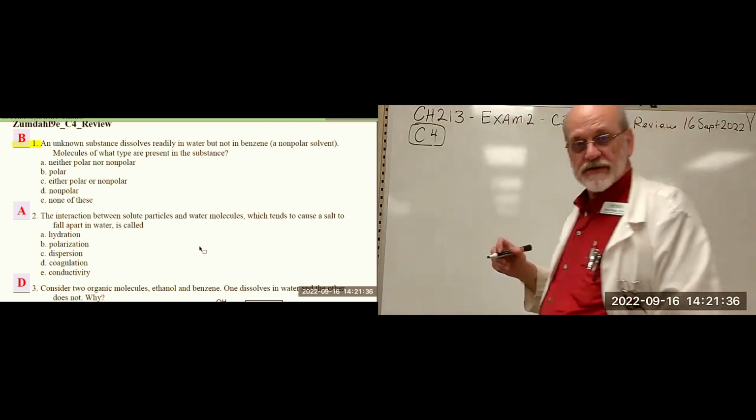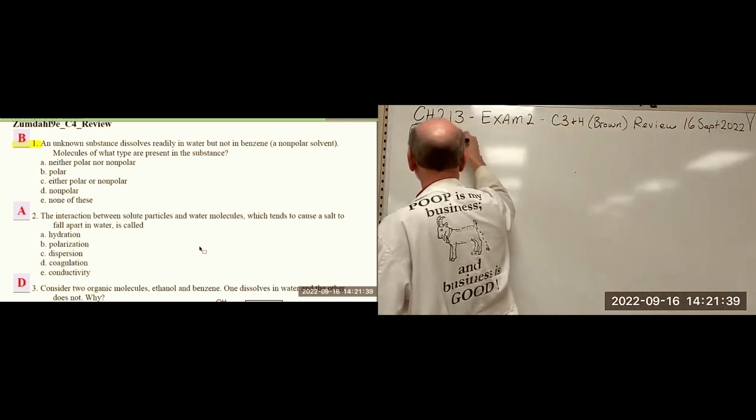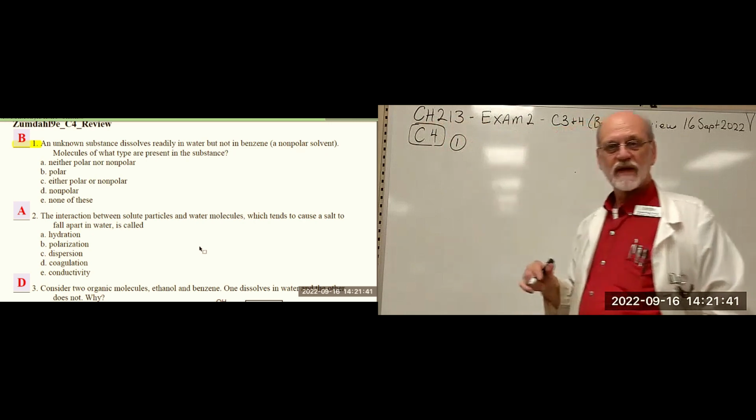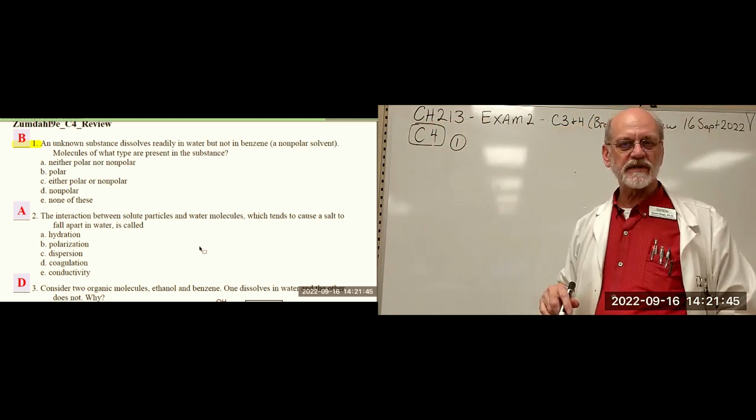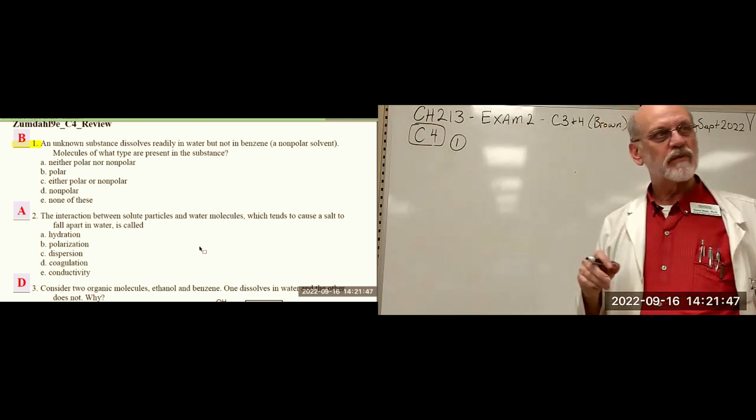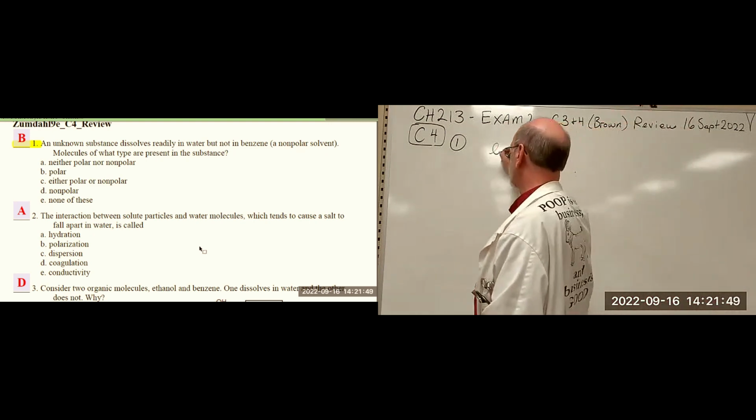An unknown substance dissolves readily in water, but not in benzene. Molecules of what type are present in the substance? Remember, like dissolves like.